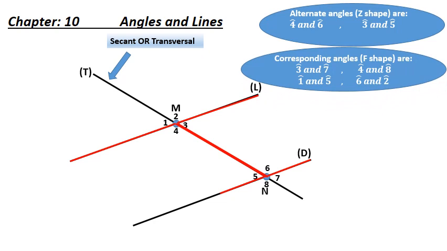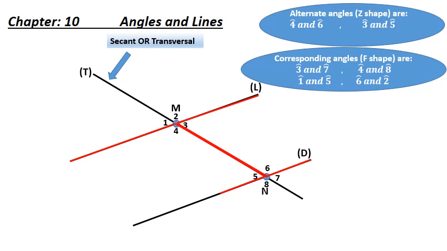Let's take a look at what we call corresponding angles or F-shaped angles. Here we have 4 pairs of corresponding angles or F-shaped angles. The shape of the letter F doesn't matter if it's to the left, to the right, or upside down.